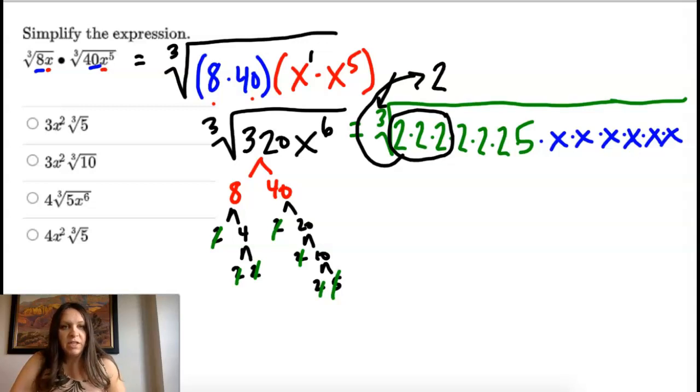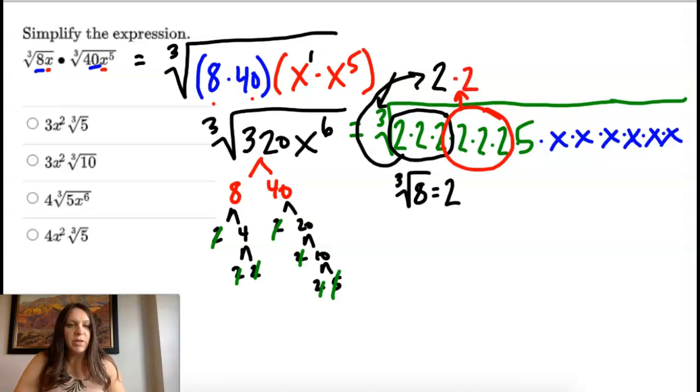Because what that really is, it's the cube root of 8, which is equal to 2. So when we lose the radical, we just have one 2. And I have another 3 of a kind here. So when I pull that out of the radical, it's just one 2.